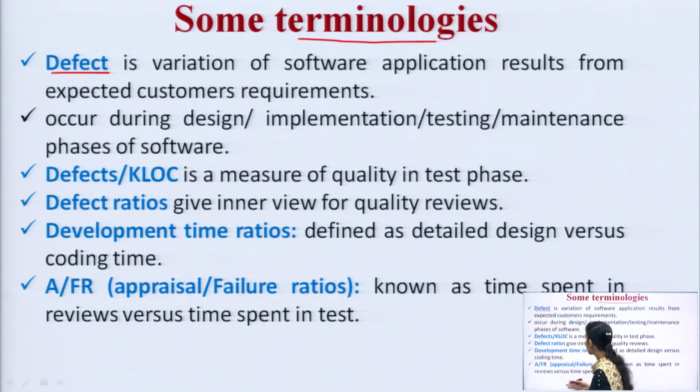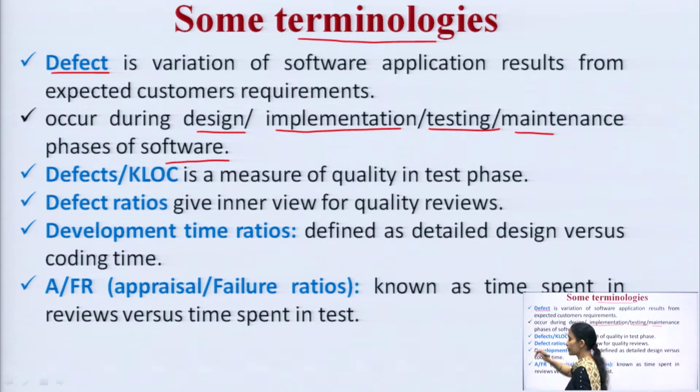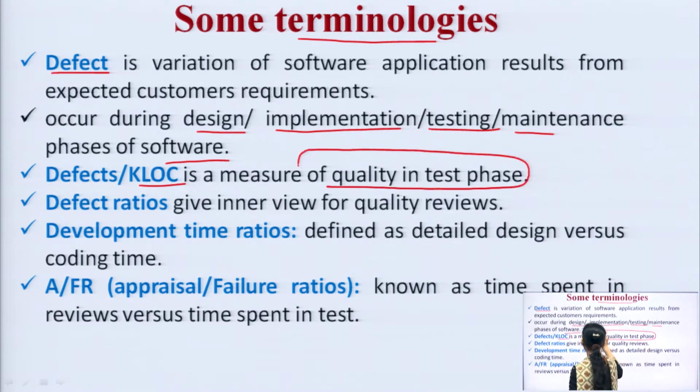A defect can occur during the design stage, the implementation stage, testing, or the maintenance phases of the software. At any phase of the software, a defect can occur. Then how do we measure these defects? They are measured in terms of KLOC. It is a measure of quality in the test phase.